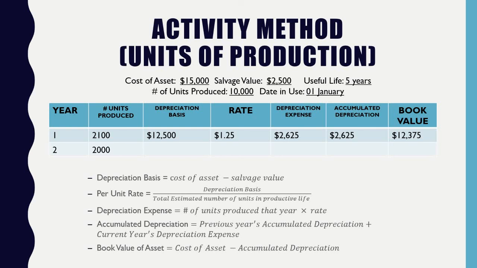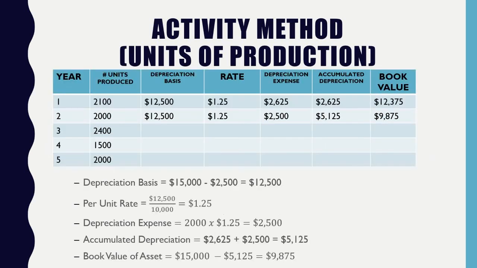What about the rate? Nope, that should stay the same also. It does stay the same as well, okay? But what is the depreciation expense going to be? $2,500. Okay. So let's take a look at this.